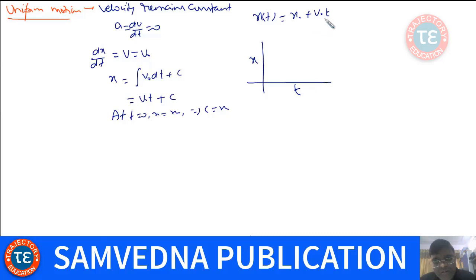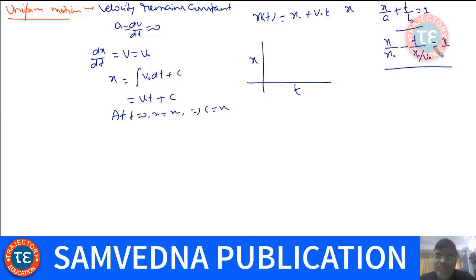how will you draw this graph? This is the equation of a line between x and t. So you try to reduce it to this form. If you reduce it, this will be x by x naught minus t by x naught by v naught equals 1.